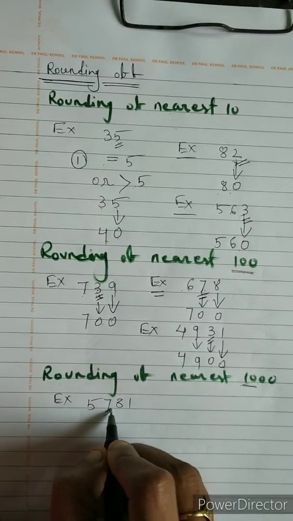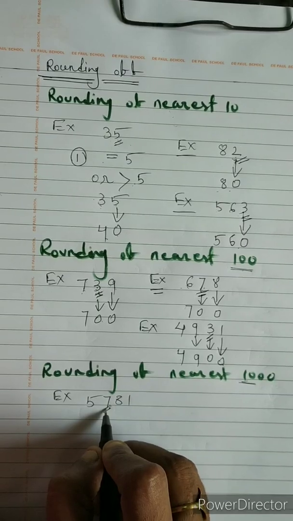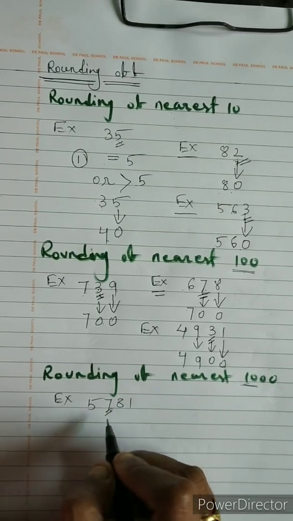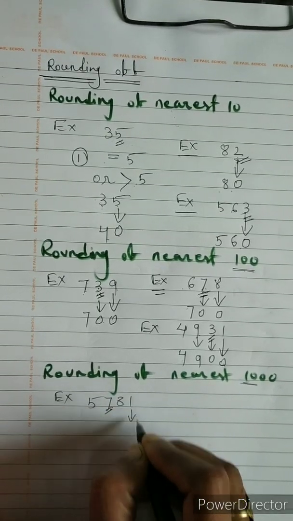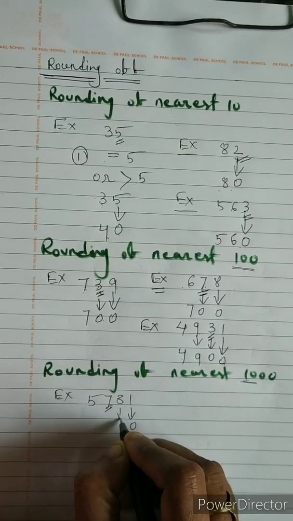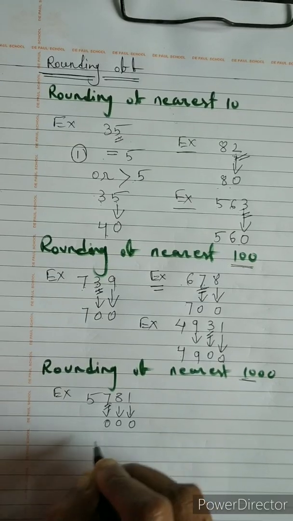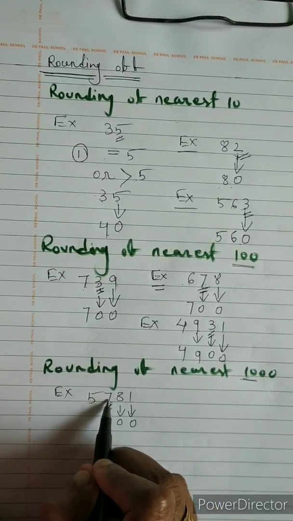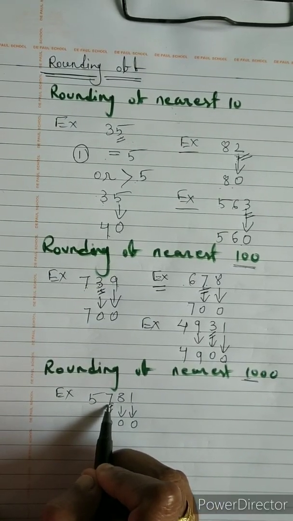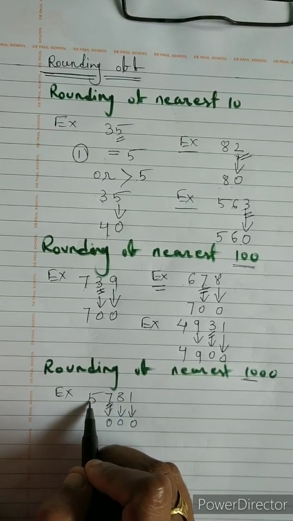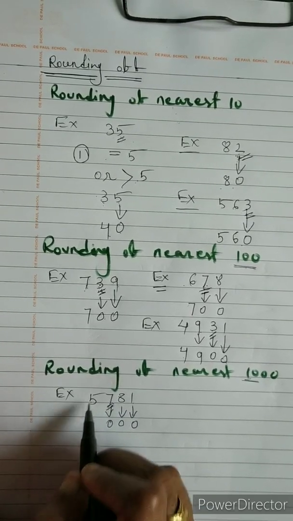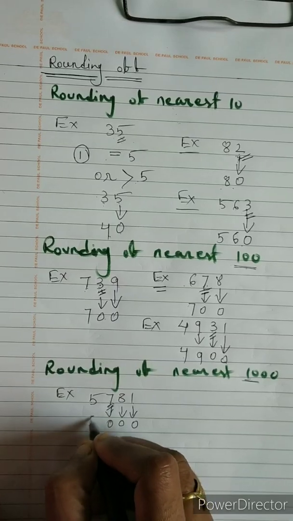Here in this example it is 7, so it is greater than 5. So what happened, children? Ones place 0, tens place 0 and 100 place also 0. But if the 100 place digit is greater than 5, then your 1000 place digit is increased by 1. So 5 plus 1 is your 6.